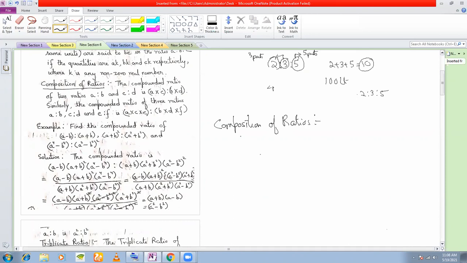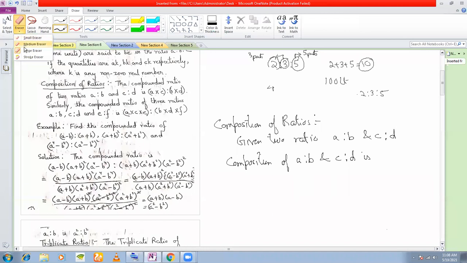Okay. So if I give you two ratios, say A is to B and C is to D, then the composition of these two ratios will be: you multiply the antecedents together.